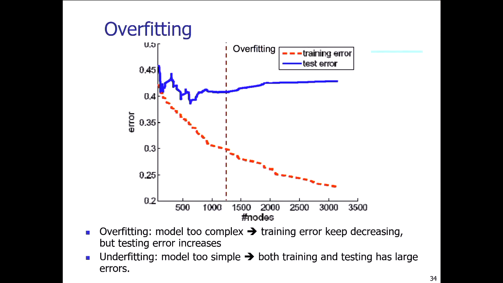So here is a figure about overfitting and underfitting with different numbers of nodes in the decision tree. As you can see, when the number of nodes is very small, both the training error and the testing error are high. High means not good, which indicates underfitting, because your model is too simple.